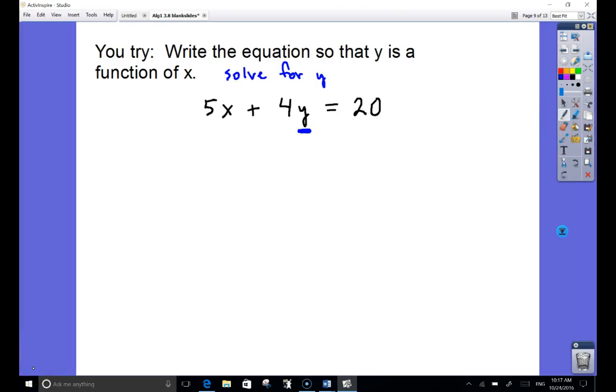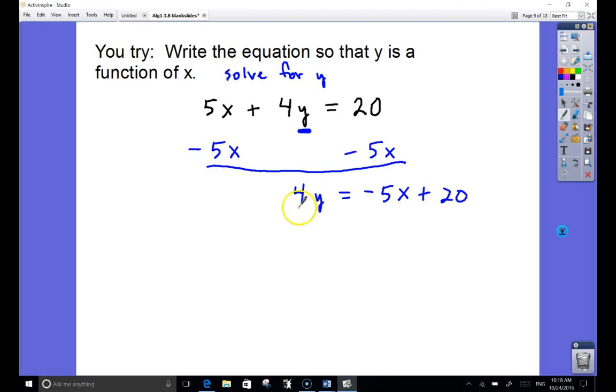So we're going to subtract 5x from both sides first. Right? Because we do addition, undo addition before we undo multiplication. And the 5x's cancel. We still have 4y equals negative 5x plus 20.